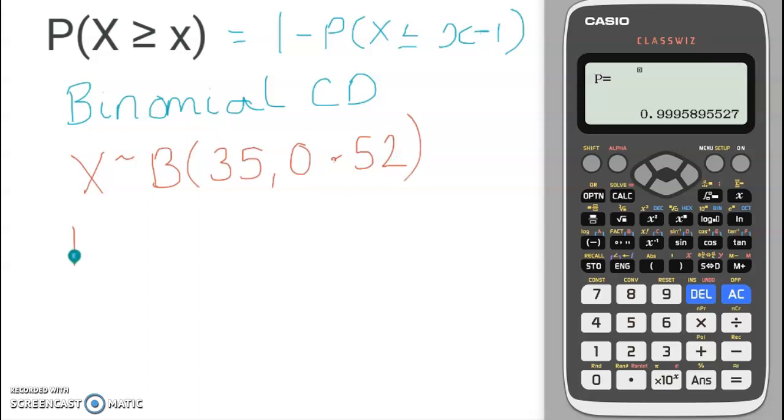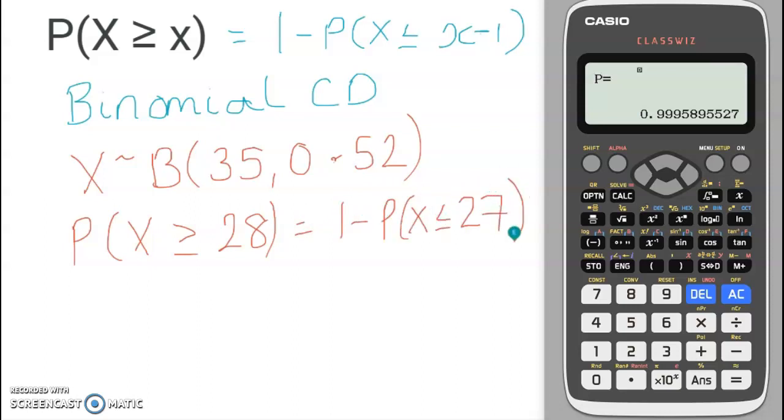And I am asked for the probability x is greater than or equal to, let's go for 28. That is the same as 1 minus the probability x is less than or equal to 27. I now have a cumulative probability that I can put into my calculator.